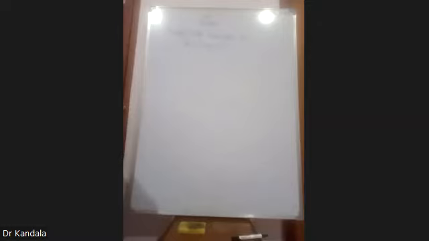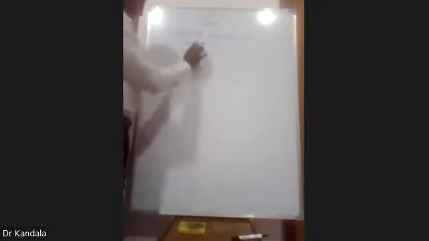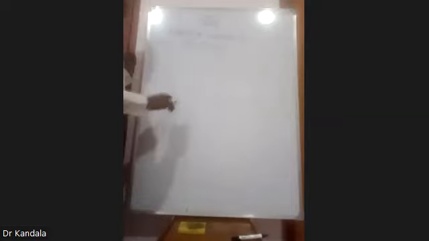What are the examples for basic oxides? Sodium oxide, magnesium oxide, calcium oxide. Why are these treated as basic oxides?